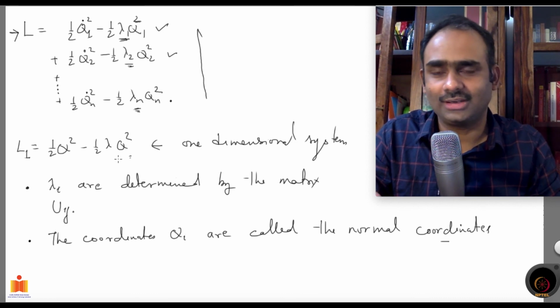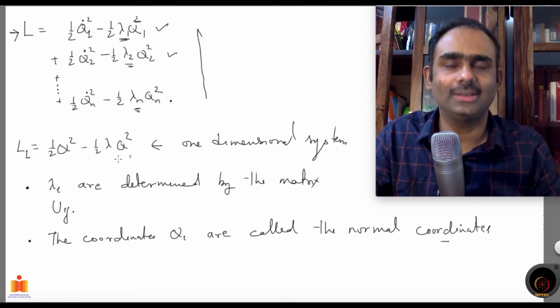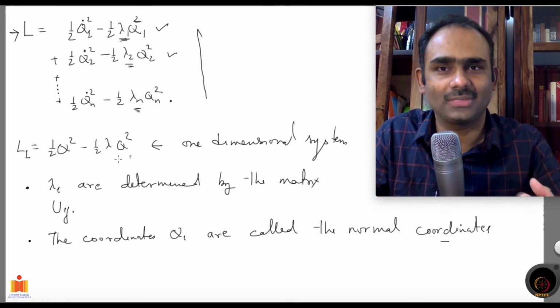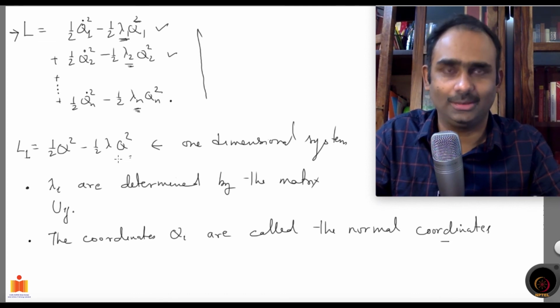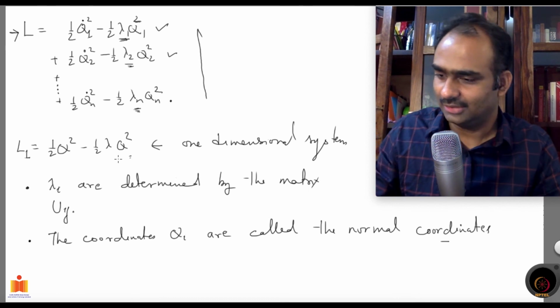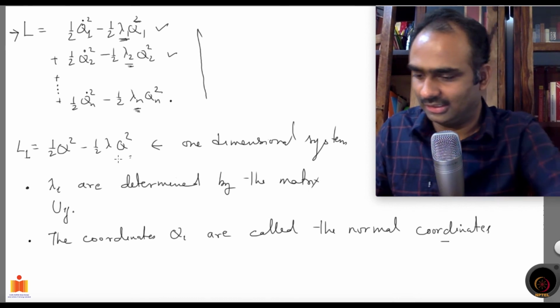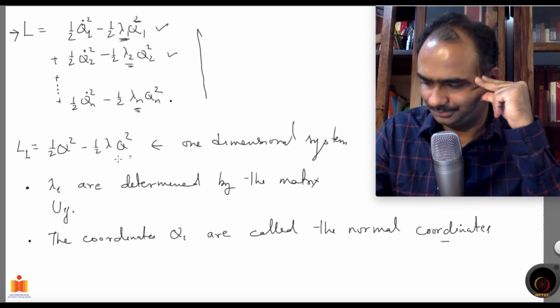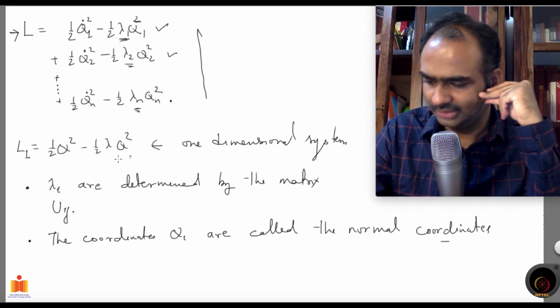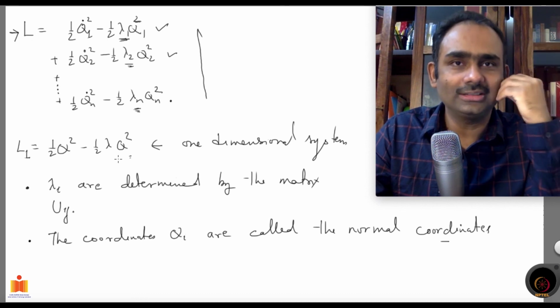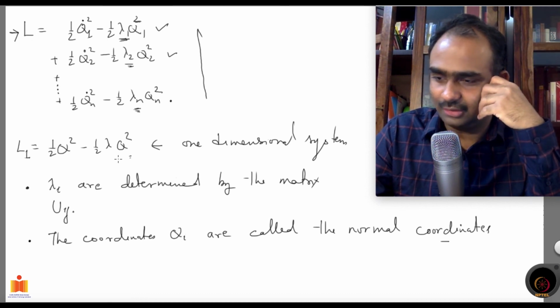So if lambdas are positive, then this system has become a set of n non-interacting one-dimensional simple harmonic oscillators. Which is a very nice result. So we'll continue next time with more details, but you can already start imagining the following.